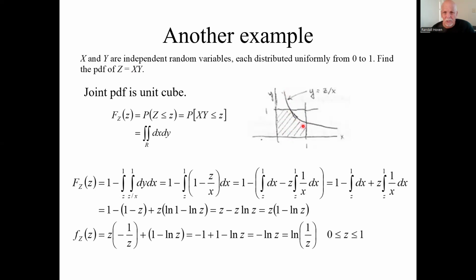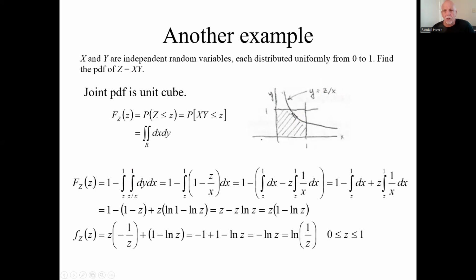What are the limits? I'll integrate over y first. Then y will go from z over x up to 1. For a given z, y will go from there up to there.